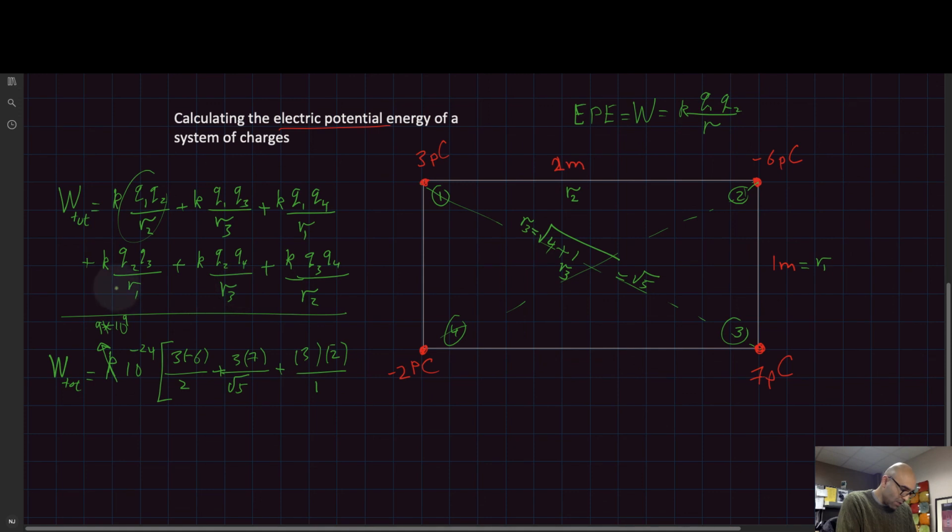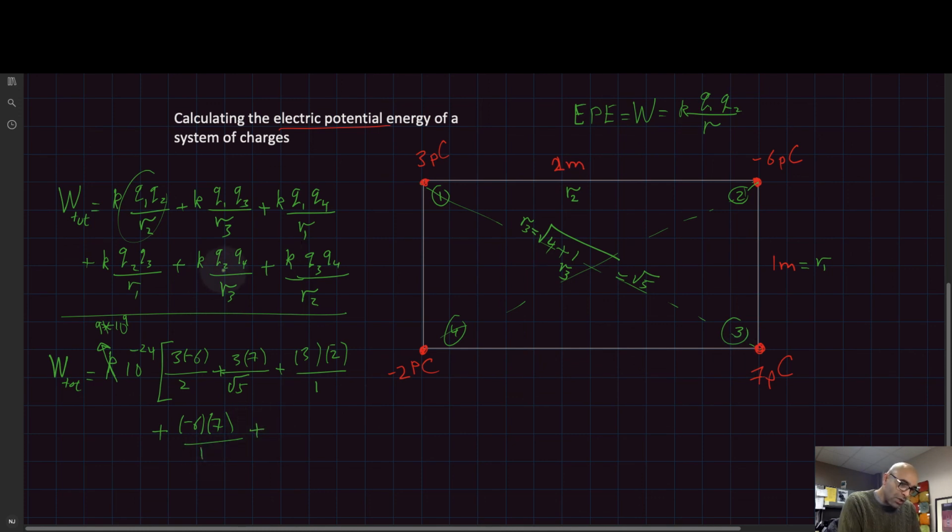Right? Now this term, plus K is outside, minus 12 is outside, as we mentioned. Q2, which is minus 6, multiplied by Q3, which is 7, divided by the distance between them, and that's what? 1.